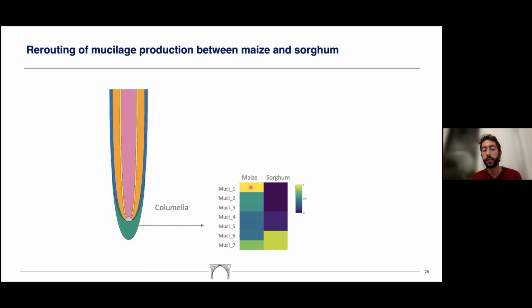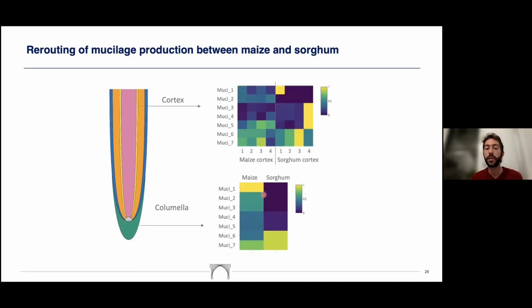We found that these genes were highly expressed in the maize columella, but almost not expressed in sorghum except 2 orthologs here. And interestingly, when you look at other cell types, and especially cortex, it's the other way around, where in maize cortex you have very little expression of only a certain mucilage gene, but when you look in sorghum cortex, all of these genes, except one here, are highly expressed in the cortex.